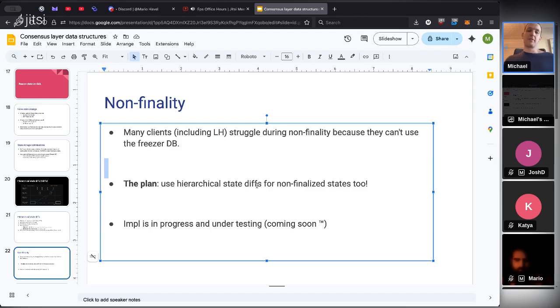So even if you have 1,000 diffs for a slot, 10 slots after the finalized state, that's still a lot better than having 1,000 times full states at that height. You'd have 1 megabyte times 1,000 rather than 250 megabytes times 1,000, which would be the current system.